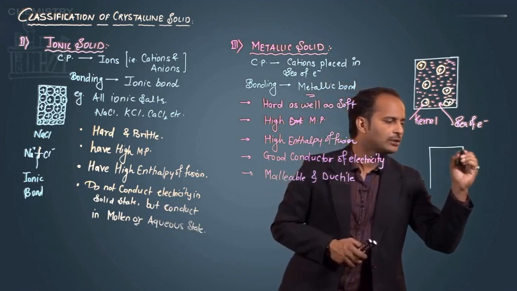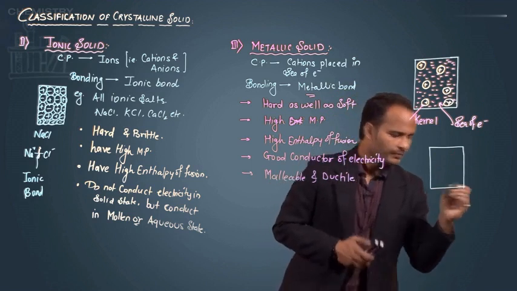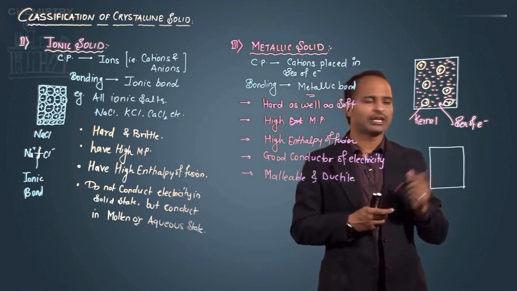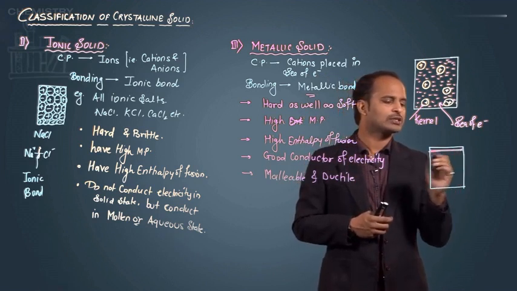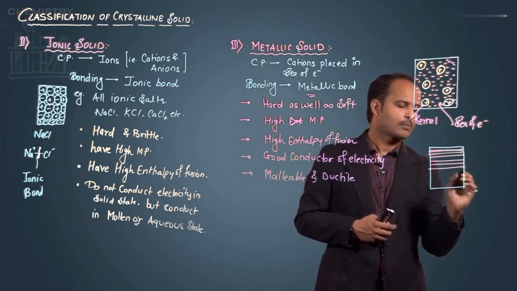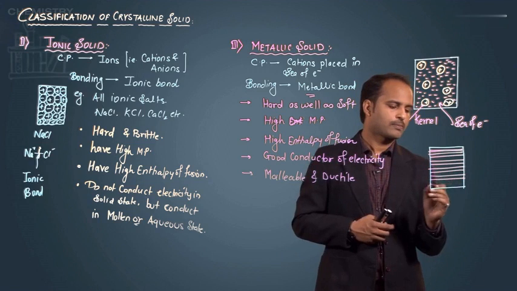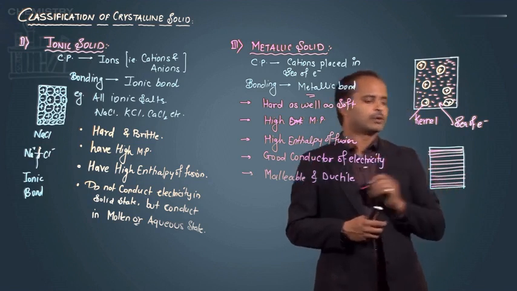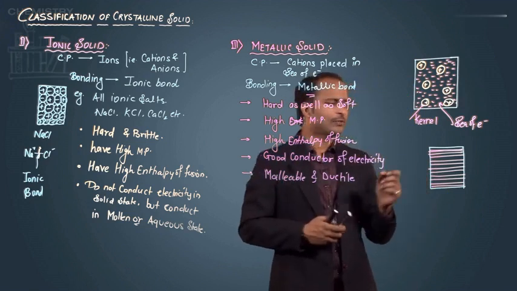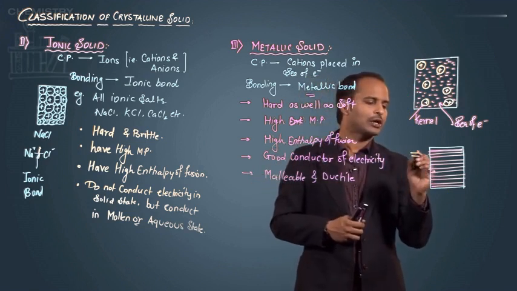So this is a metal. It has been observed that metals are made up of a large number of layers. Now what happens when hammering is done? Suppose the hammering is done on the upper part.